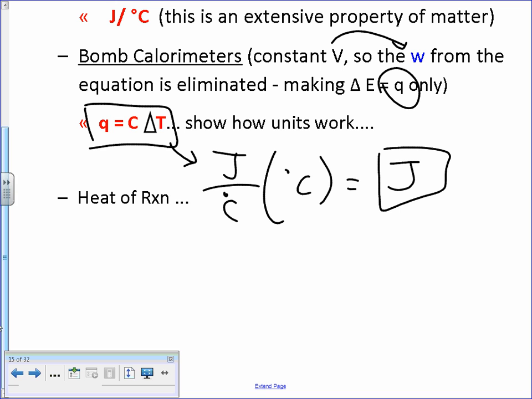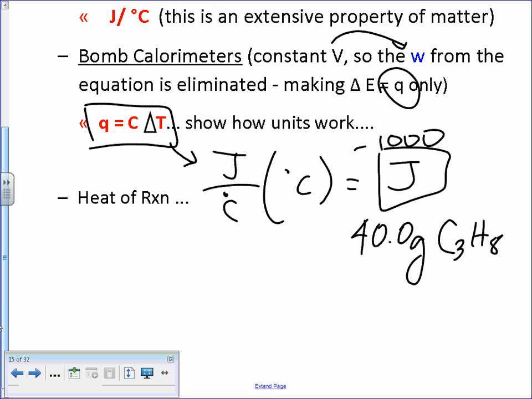Okay. This is probably going to be given to you in a word problem that also talks about what was combusted. So let's say propane was combusted. Let's say 40 grams of propane was combusted. So 40 grams of propane, which is what? C3H8. Okay. So that amount of propane was combusted. I would say that, let's just call it a negative 1,000 joules.